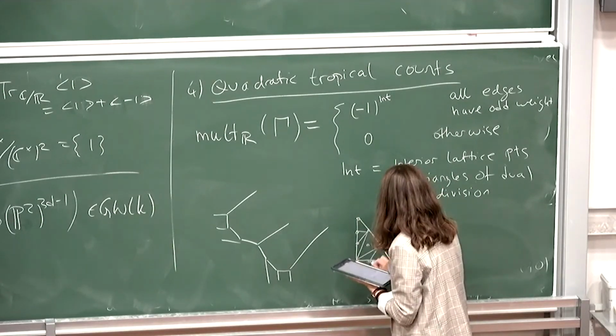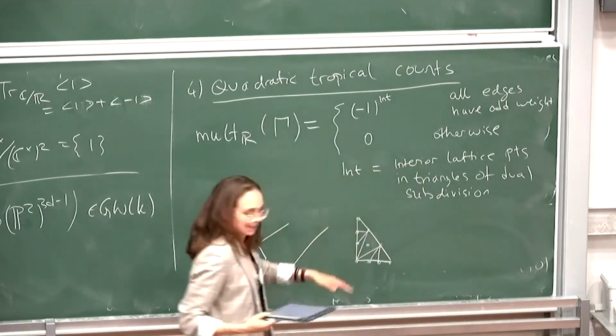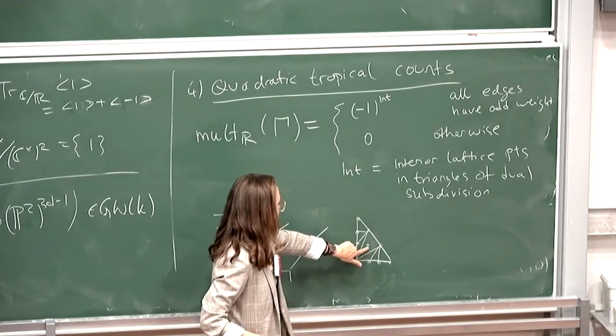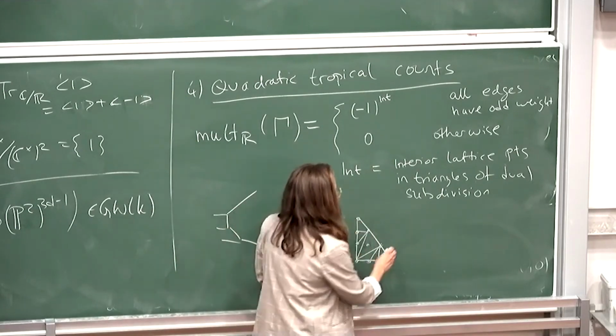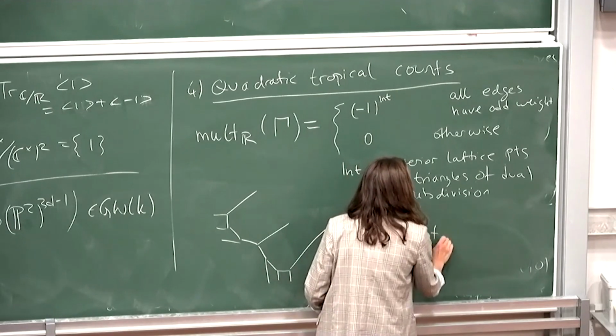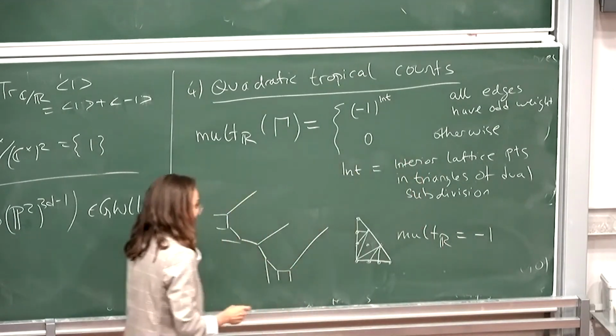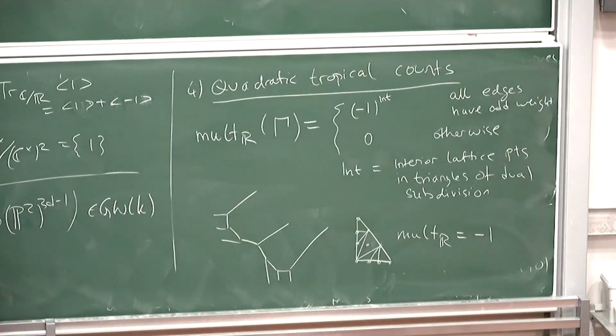Like this. So why am I drawing exactly this? Here, there is one interior lattice point in one of the triangles. So here, the real multiplicity is -1.